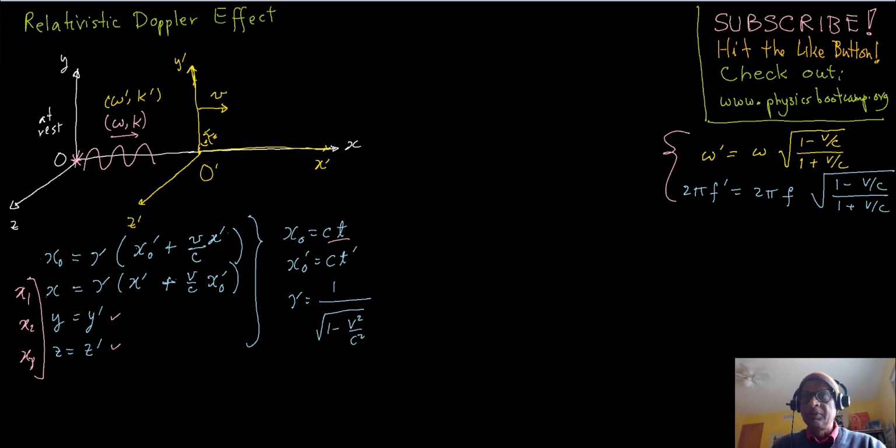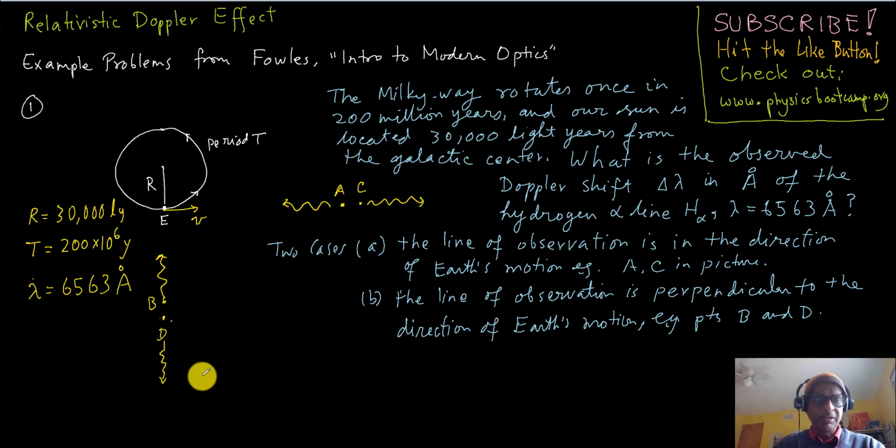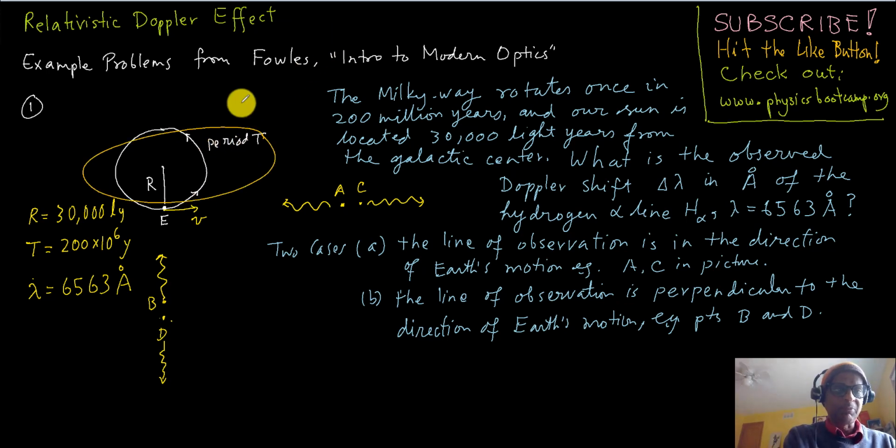Here is a kind of problem that we will solve. So this is the Milky Way. The Milky Way is of course not shaped like that, but shaped like that.